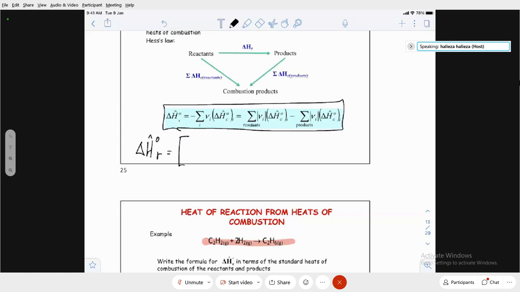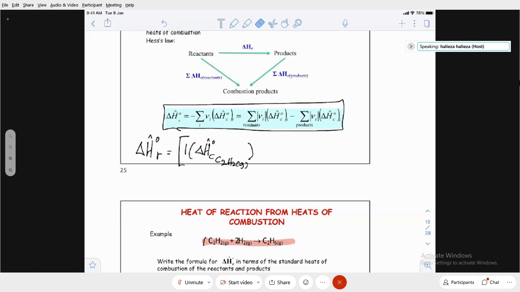For the reactant, you have 1 in front of it. That's 1 times your heat of combustion for C2H2 gas. Minus for your product. Oh, you have another reactant, I overlooked. I'm going to erase this.